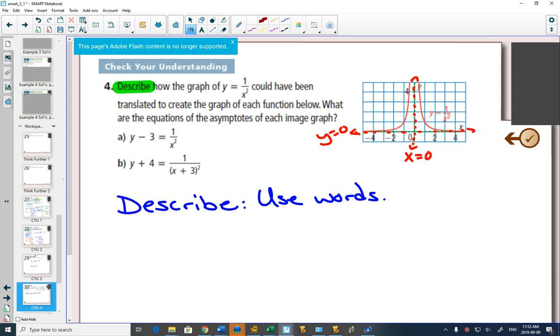So in A, the very first thing I would do is move that 3 over to the other side. So I have y equals 1 over x squared plus 3.